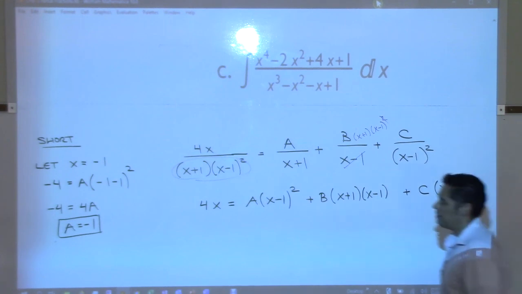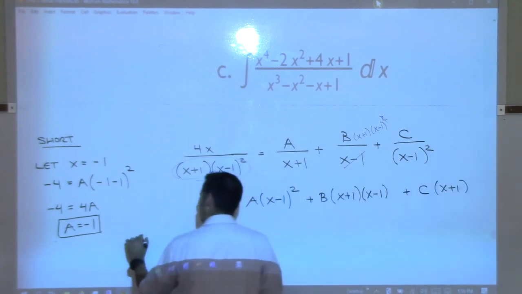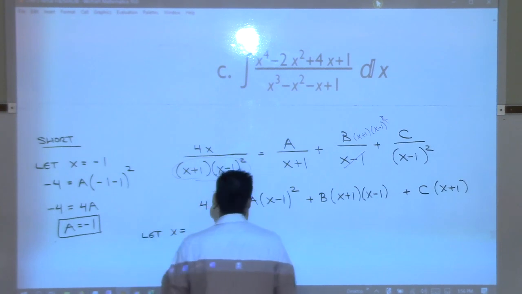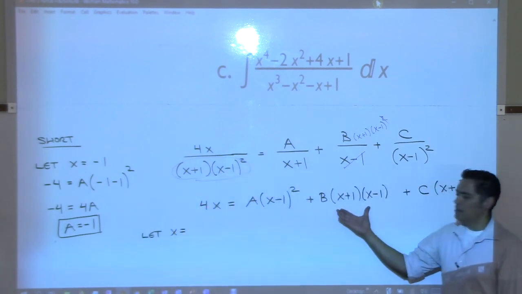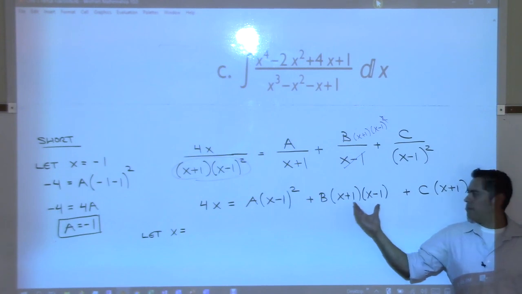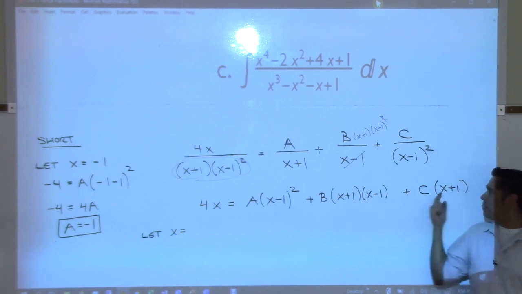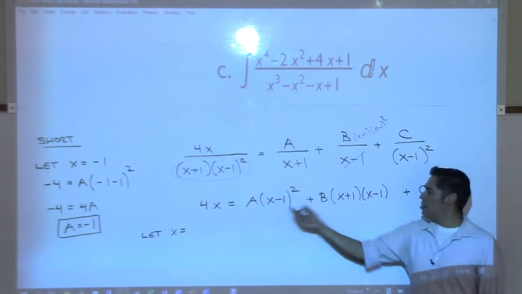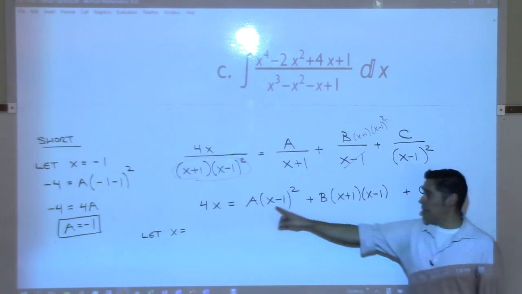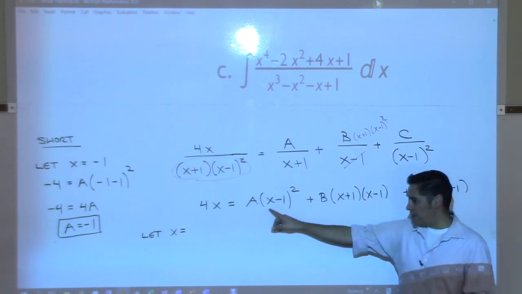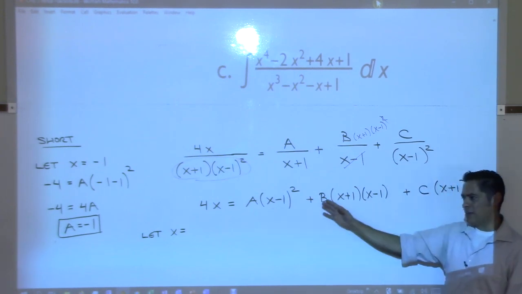Now we try and get b. Do y'all see the problem we have? B contains both factors that appear here and here. If you're trying to get b by itself, you have to be able to kill this, so x has to be 1, but 1 is going to kill this.